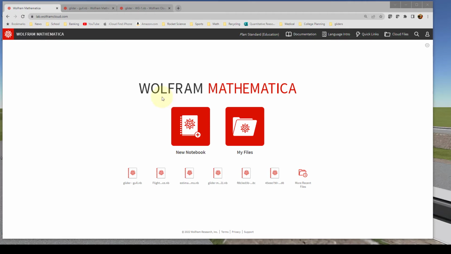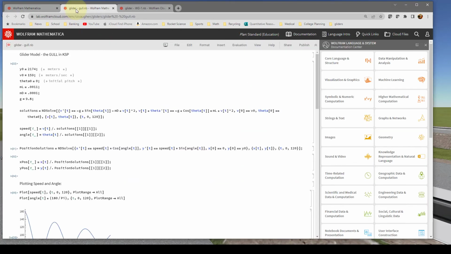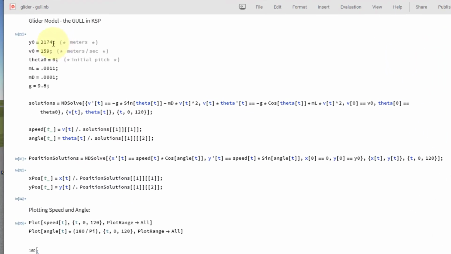So this is Wolfram Programming Lab and the Wolfram Mathematica language that I'm using. And the first example that I have here will model the Gull, which is one of the stock airplanes in Kerbal Space Program. And you can see that I have initially identified 2174 meters as the initial height. Initial speed, I'm going to use 159 meters per second.